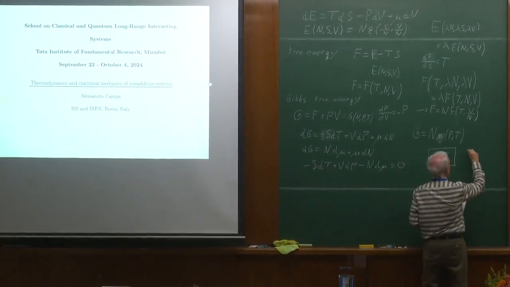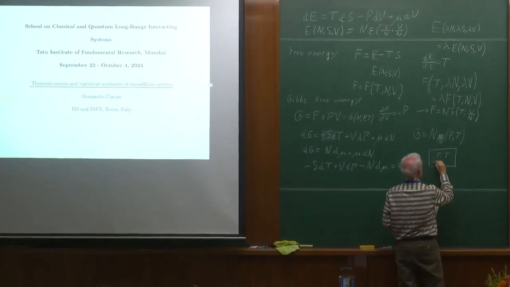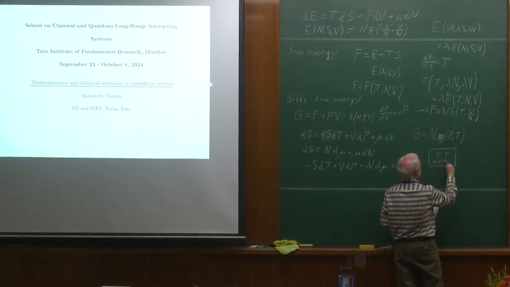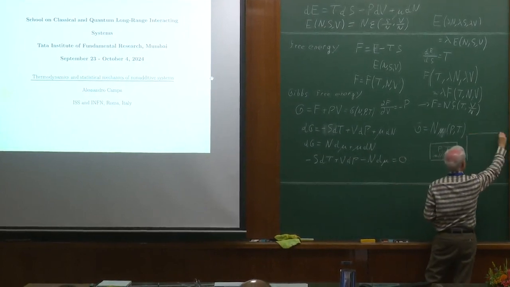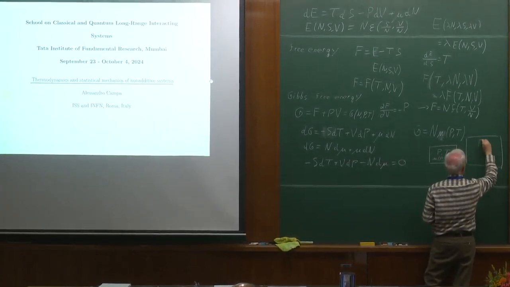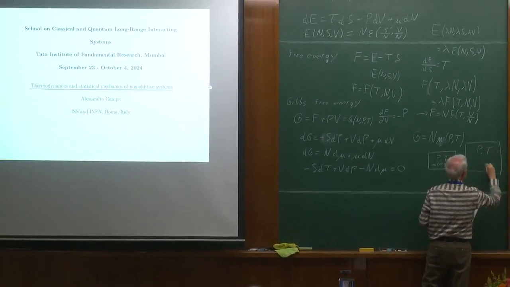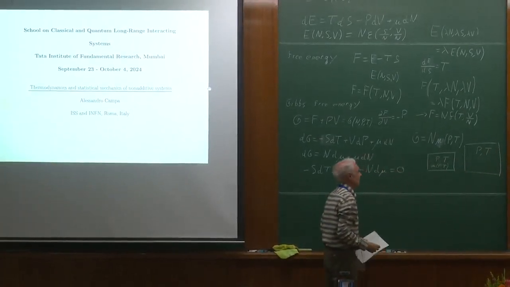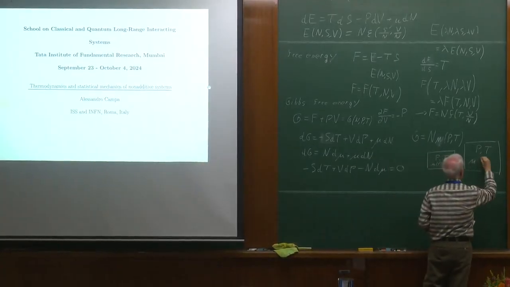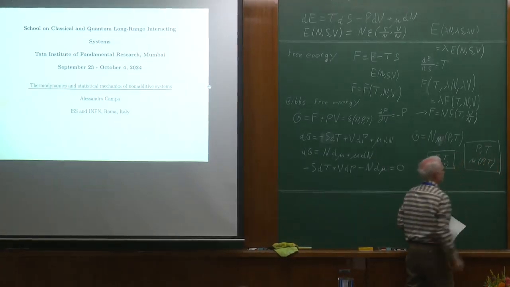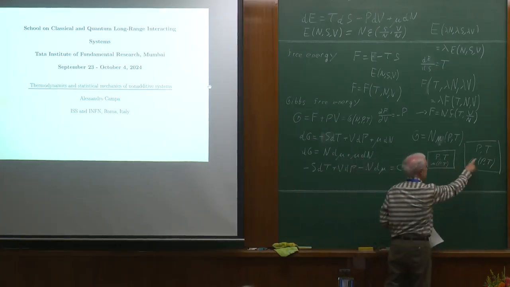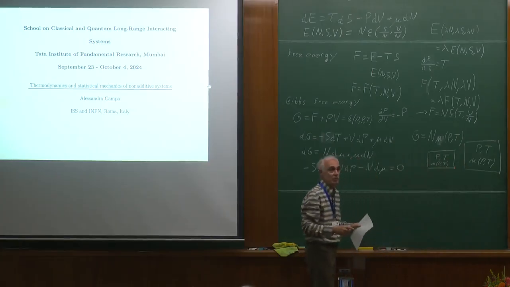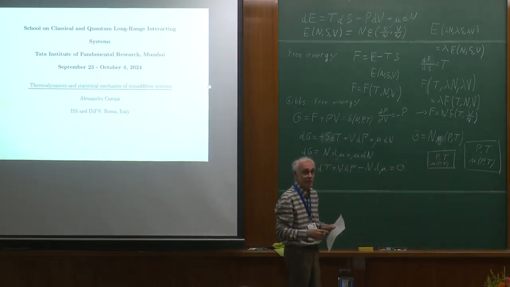And mu, the chemical potential, will be a function of these two intensive variables. If you increase the size of the system, you keep the same pressure. The other system will have the same pressure and temperature, and the same chemical potential. So you see, you cannot distinguish the size of these two systems given any two of these three variables. You need in some way to give an extensive variable, otherwise you cannot specify the size of the system.